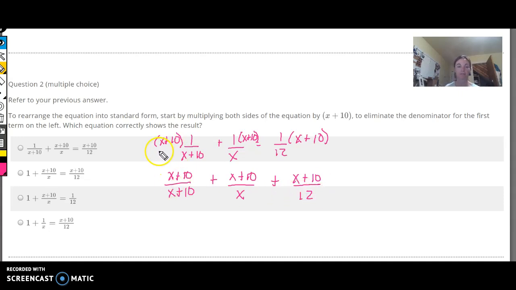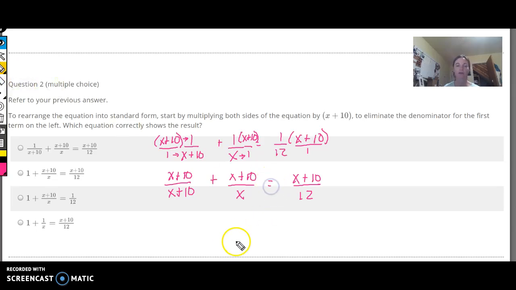Remember, when you're multiplying fractions, it's kind of the same as having these over 1. So when you're multiplying fractions, you just multiply straight across. And 1 times x plus 10 is simply x plus 10. 12 times 1 is 12. And then this should be an equal sign, not a plus.